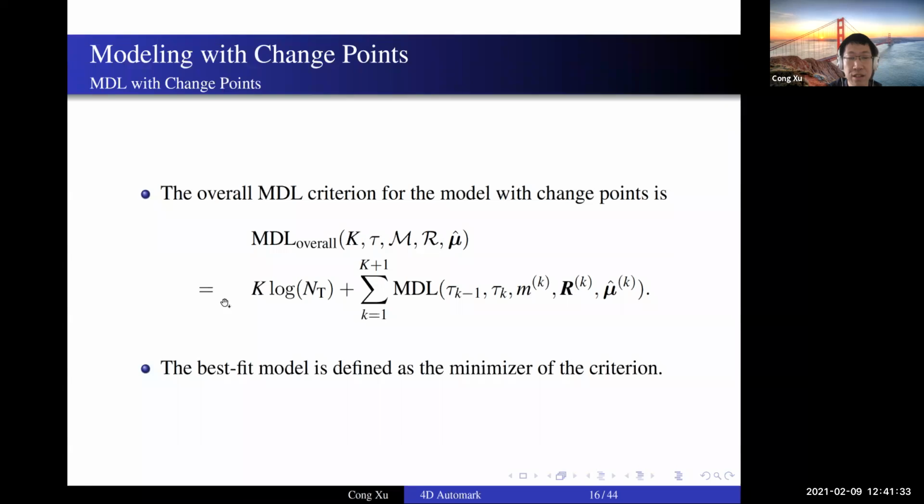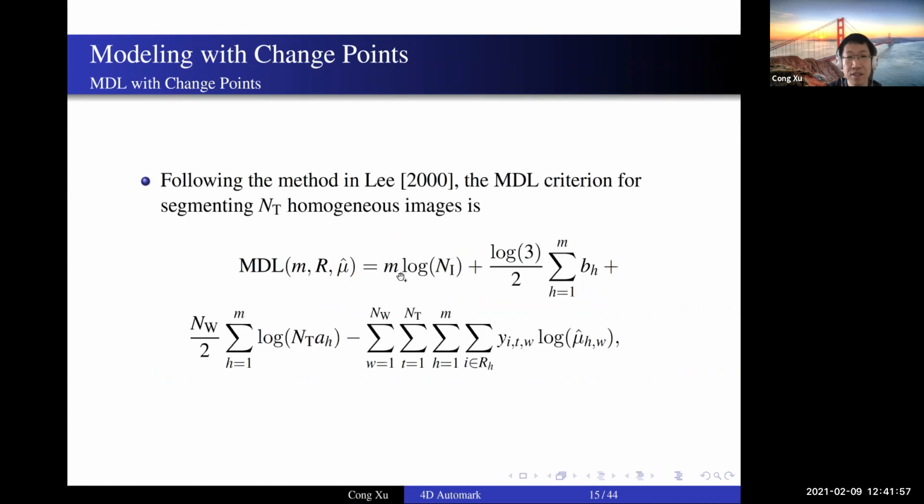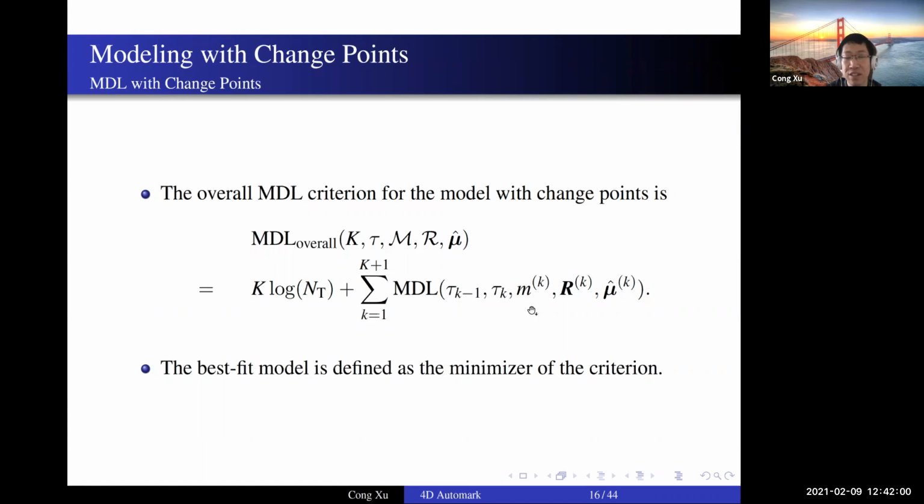This one can be written in this format. The first part is the code length to encode the locations of these change points, plus the MDL for each of the time intervals. So still it can be viewed as the code length to encode the change points, the code length to encode all these image partitionings, and the code length to encode all the Poisson parameters, plus the negative log likelihood for all the things.